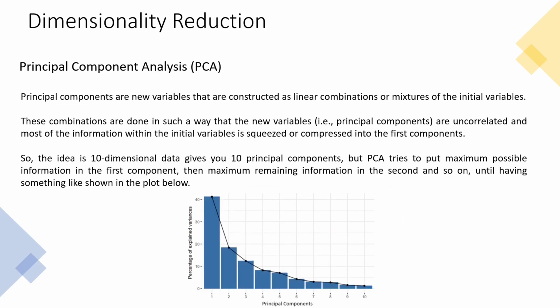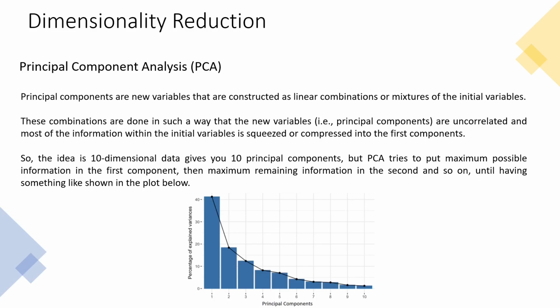Principal components are new variables that are constructed as linear combinations or mixtures of the initial variables. These combinations are done in such a way that the new variables, meaning the principal components, are uncorrelated, and most of the information within the initial variables is squeezed or compressed into the first components.